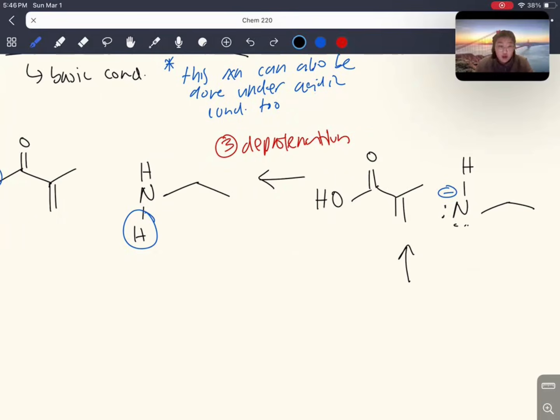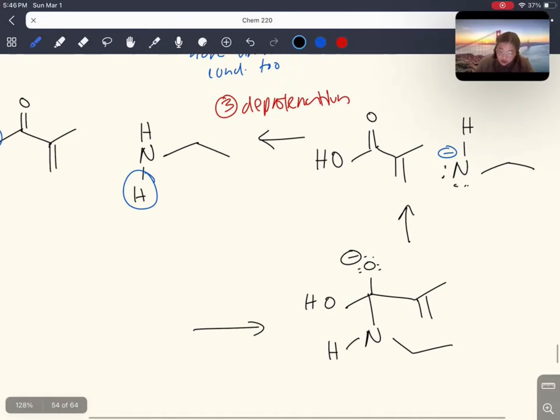If we remember what that looks like, we have to push the electrons off of the oxygen. And so this oxygen is going to have a minus charge, and that basically makes room to add the amine group back on, right? And so this second step was elimination.